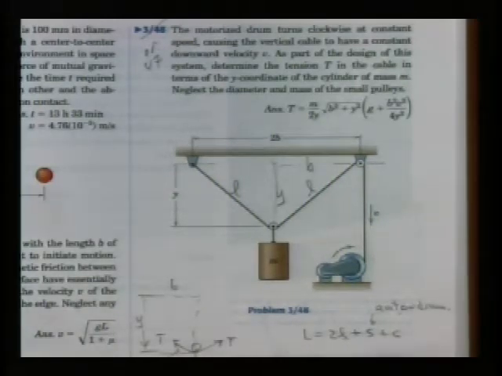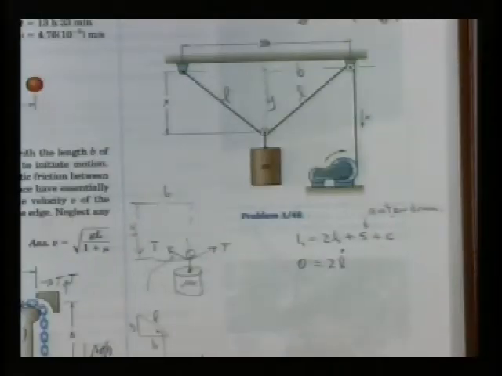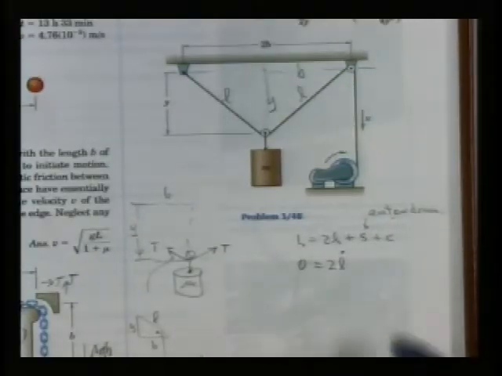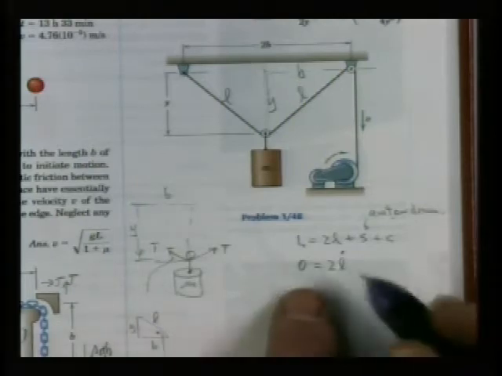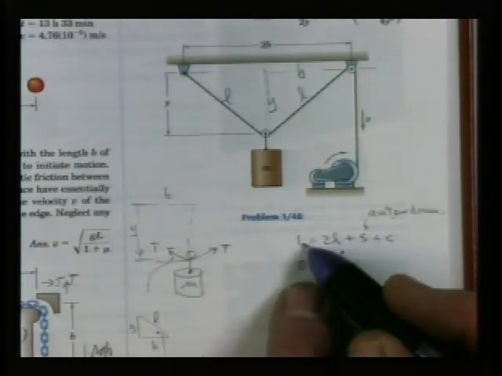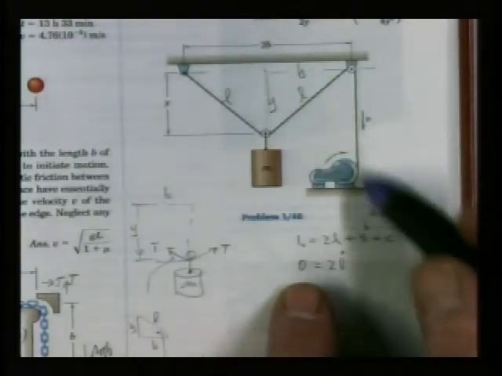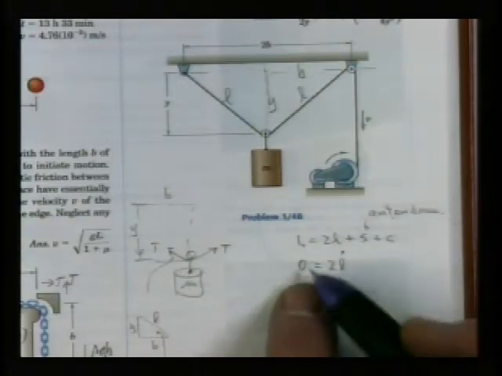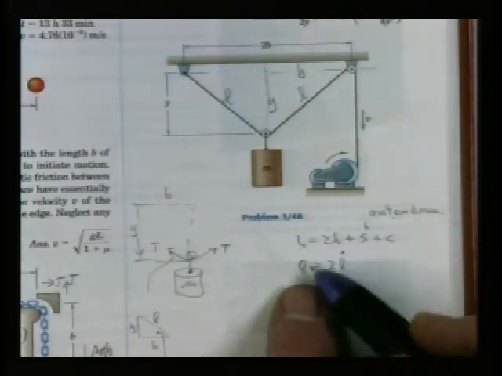If I differentiated that, this length of cable was fixed the way I have it written here. The derivative of this fixed overall length of cable, including what is spooled on the drum, is 0.